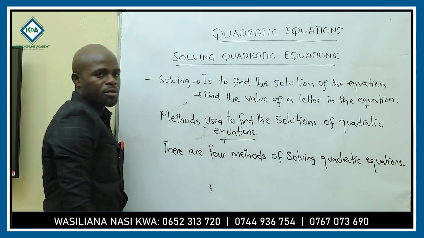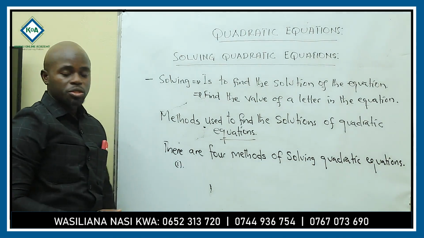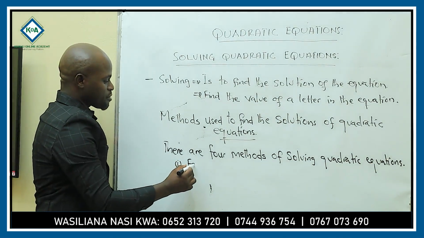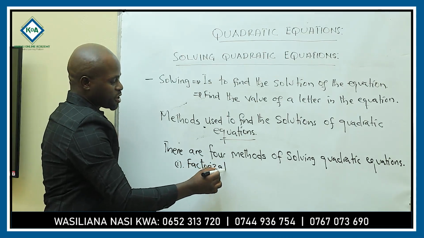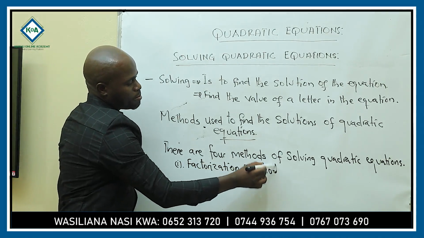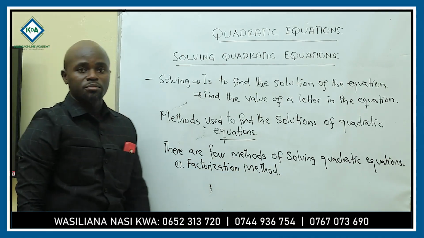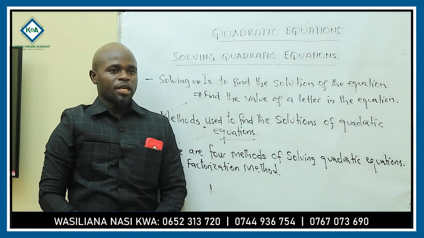And these are, we have the first method, which is factorization method. This is solving by factorization method. So this is the first method of getting the solution of any quadratic equation.